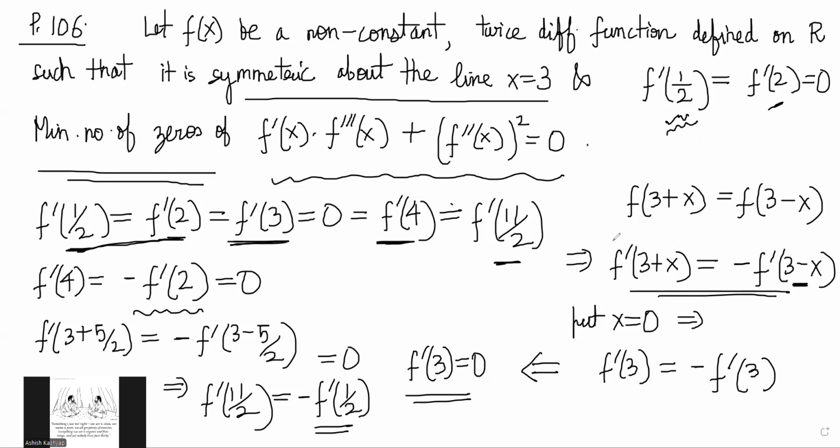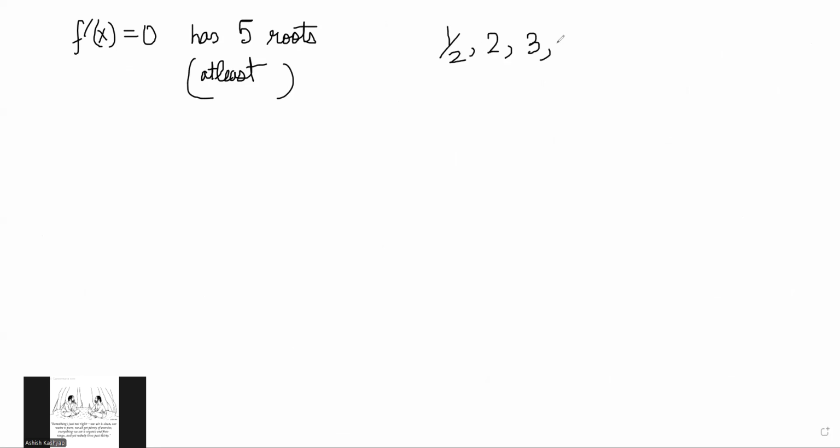So right now what I know is f'(x) = 0 has at least 5 roots, because there could be other roots, we just don't know. And these roots are 1/2, 2, 3, 4, 11/2. So f'(x) = 0 has a minimum of 5 roots.